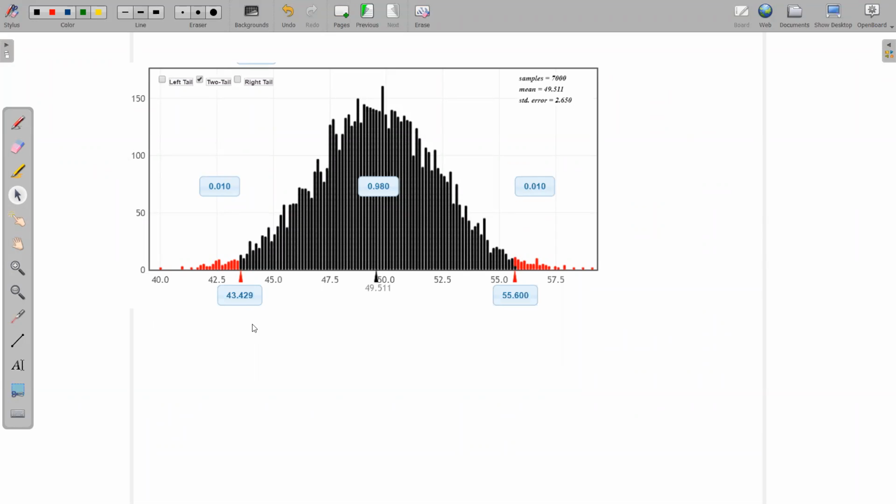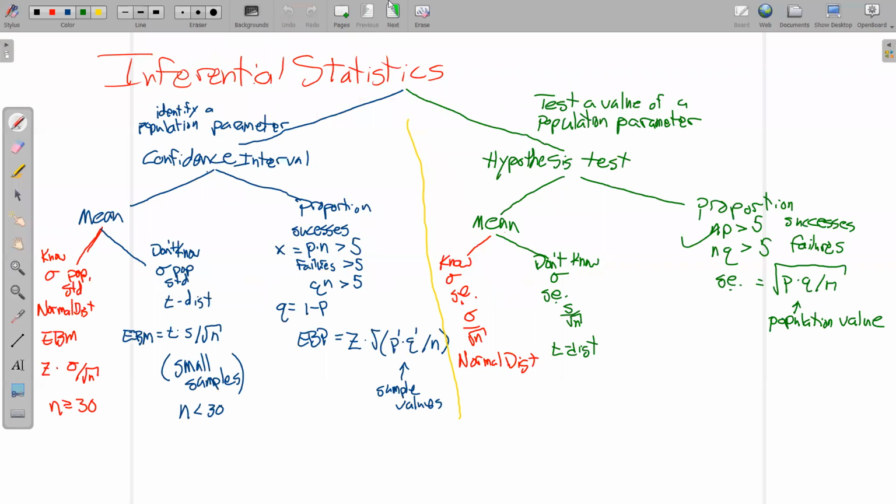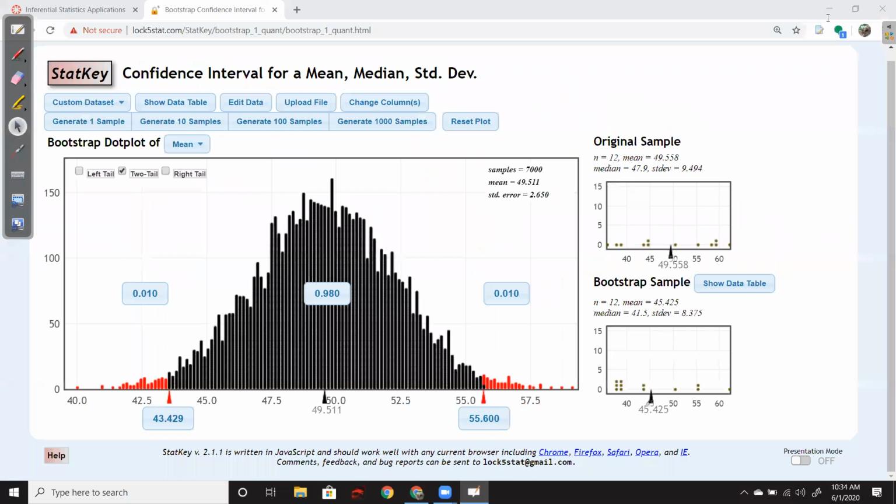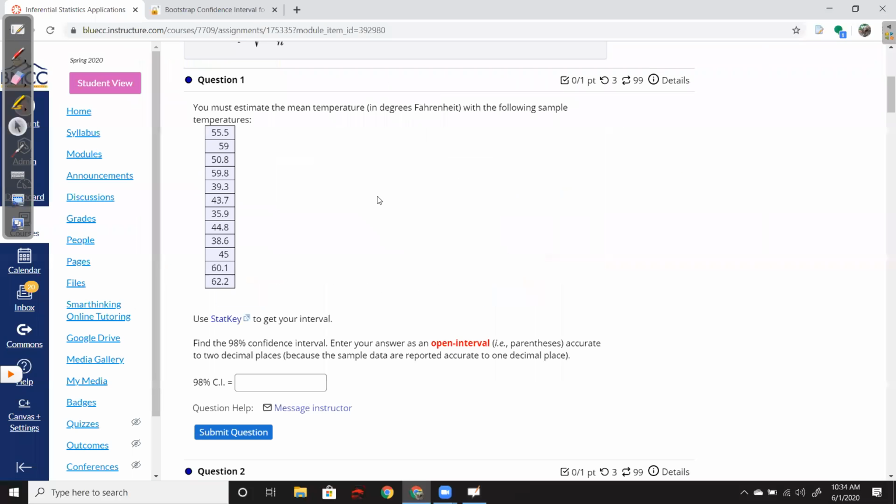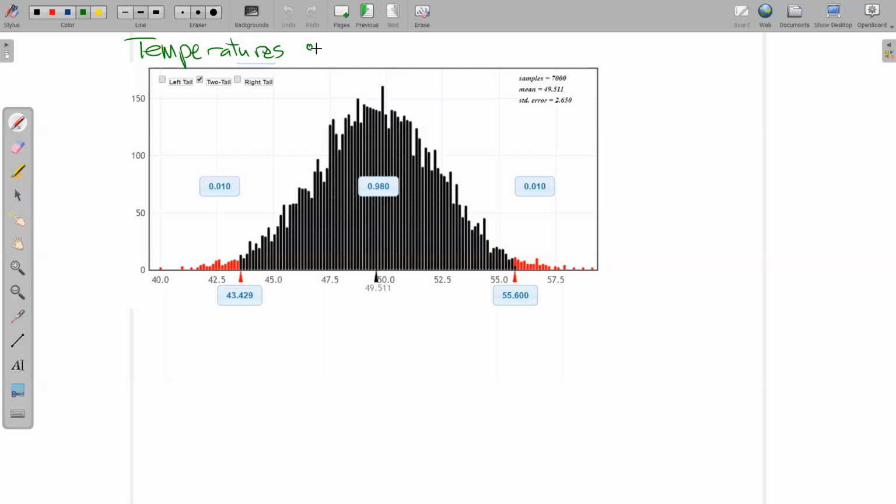So what am I measuring here? Temperatures. And they look like degrees Fahrenheit to me. Did it say in the problem? Yep, Fahrenheit. In degrees Fahrenheit, and we are trying to estimate the mean.